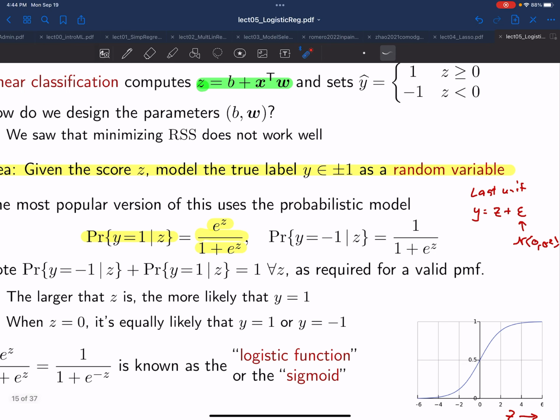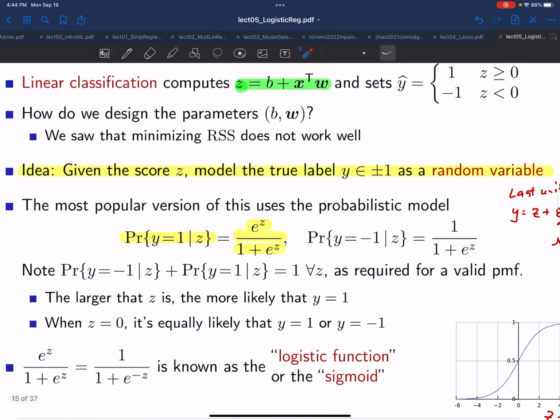So just a few things. For this to be a valid probabilistic model, since there are only two possibilities for y, either 1 or minus 1, if I fix z, then adding the probability that it's 1 and the probability that it's minus 1 has to give 1. That's required.